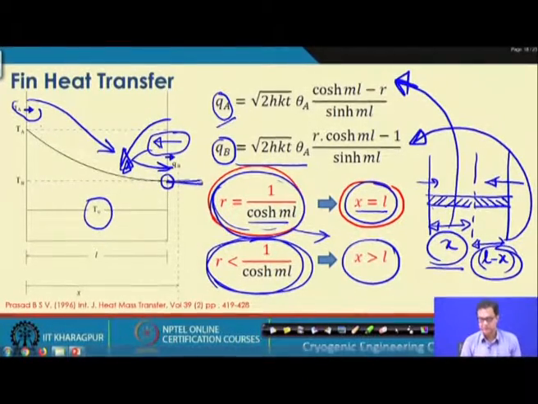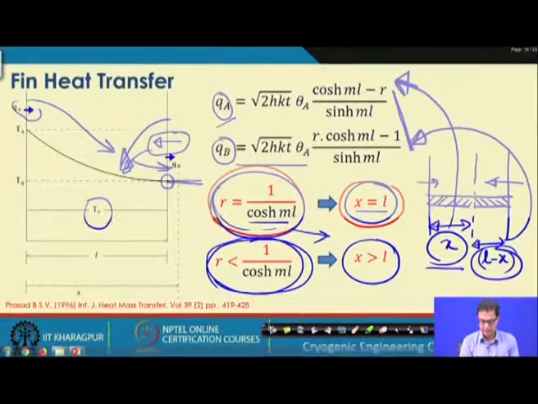So, in that case also you will find that these two equations are taking care of that, even if there is axial, transverse conduction of heat, it is automatically being taken care of.